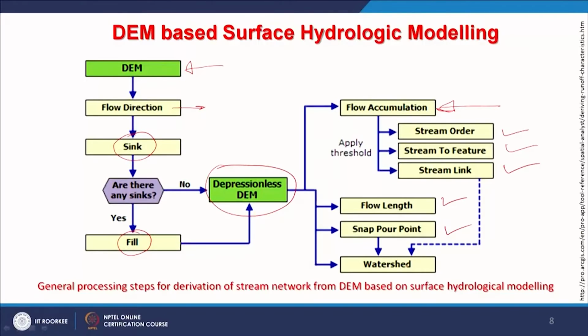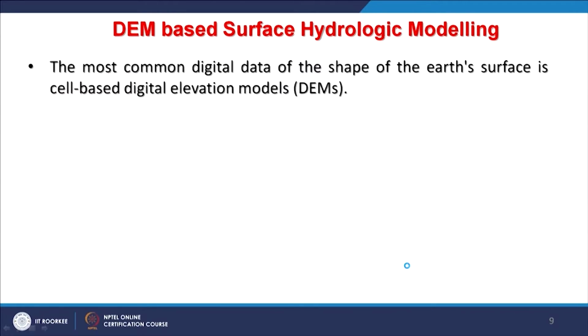Otherwise, within that digital elevation model, you can derive watersheds of your desired size, decided based on the threshold value, which is basically the area you give. So surface hydrologic modeling, as you must have realized by now, is a sequential modeling, where step by step you can do it quite easily.